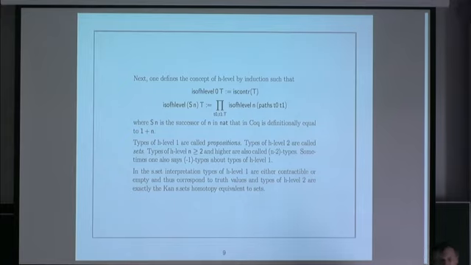Like the collection of all sets in a given universe is a type of h-level 3. And a collection of all types of h-level 3 in a given universe is a type of h-level 4. This, of course, requires proofs.